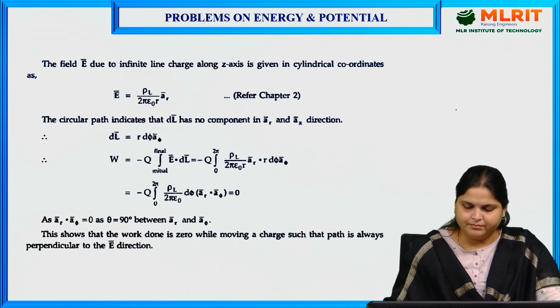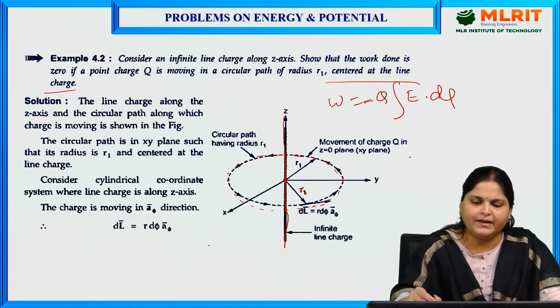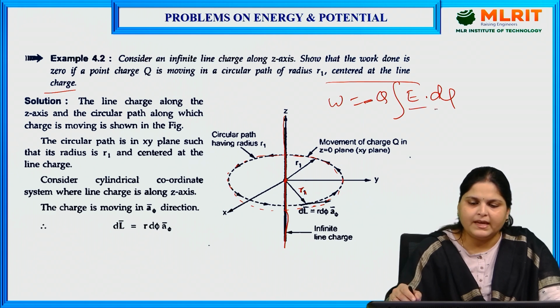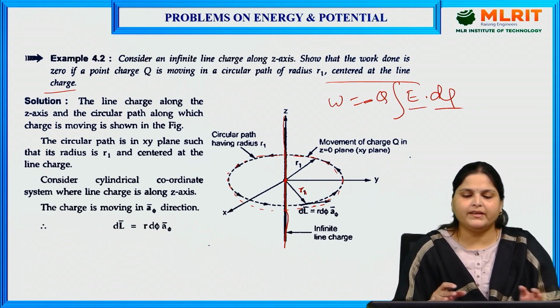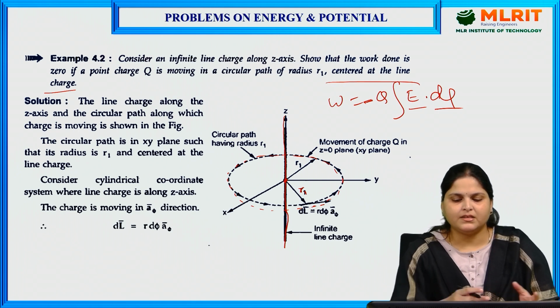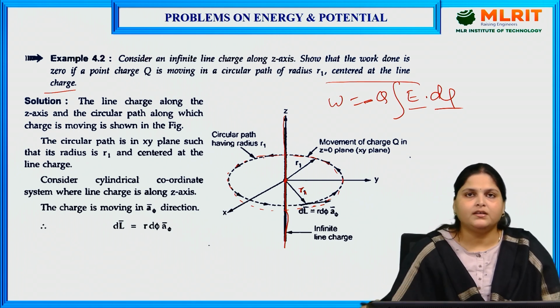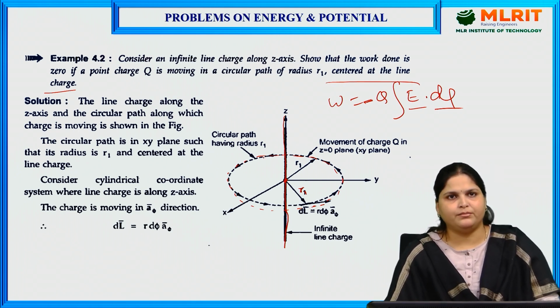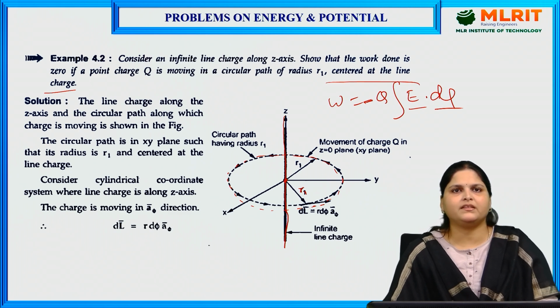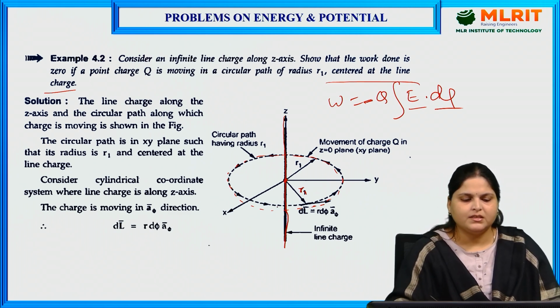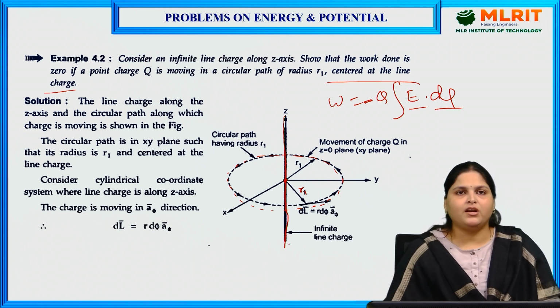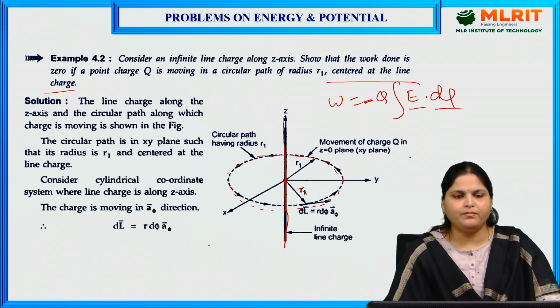So we need to find E and dl. Now here we can clearly understand that it is not a Cartesian coordinate system. We can consider this as a cylinder because we have this charge along the z-axis, which we consider in the cylindrical coordinate system.